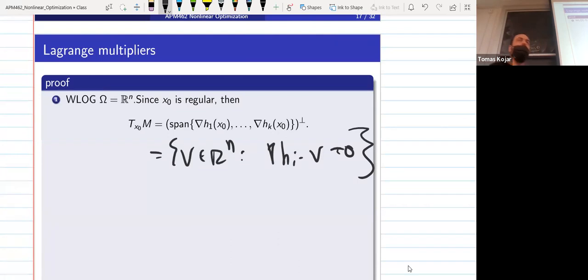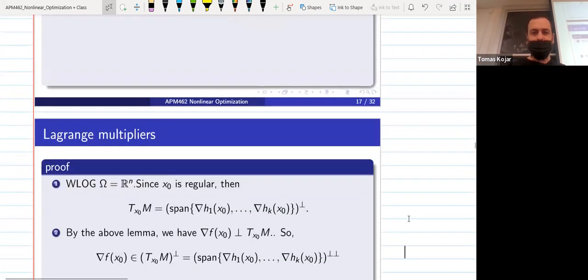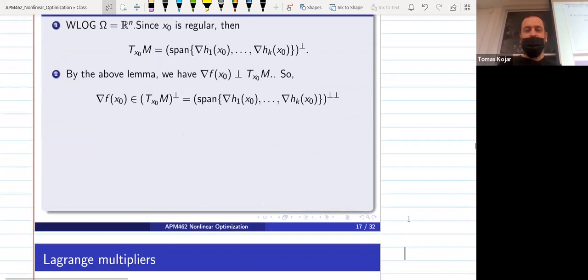That makes your life much easier for finding a tangent space. We also proved that the gradient of f is normal to the tangent space, because it points to the greatest increase. So can someone tell me what this is equal to on the right? Do you know?